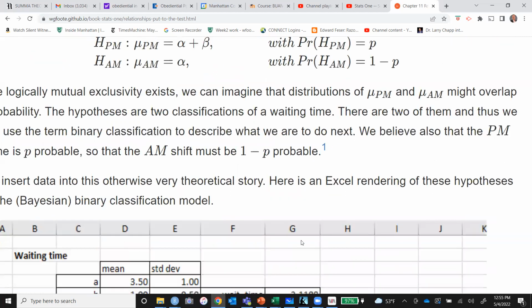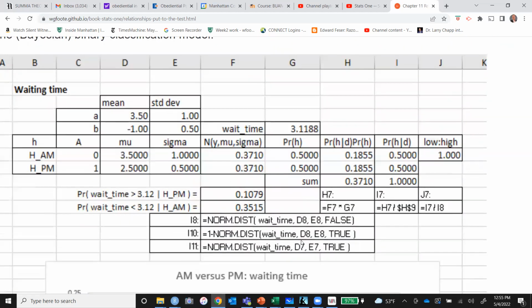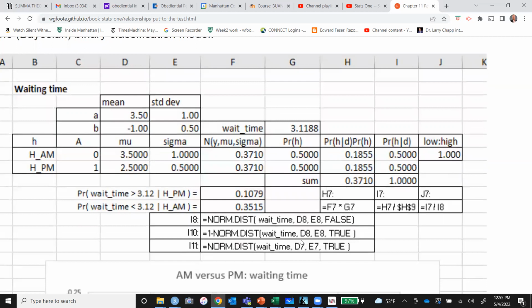Okay. And here's a hypothesis test, very similar to lecture 11, where now we have to specify the value of A. And we're going to do something very similar with WTI. Very, very similar. So we have, in this case, one situation, PM, post-meridian, ante-meridian, morning, afternoon, and we get two different probabilities.